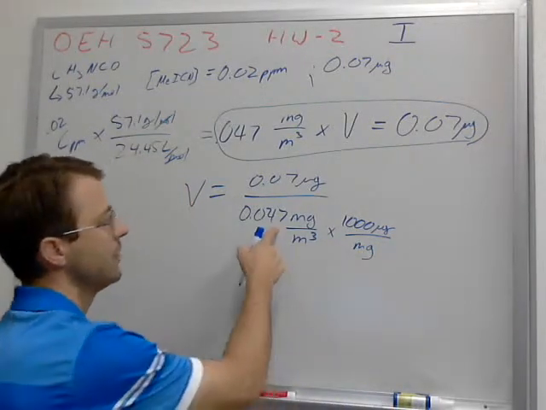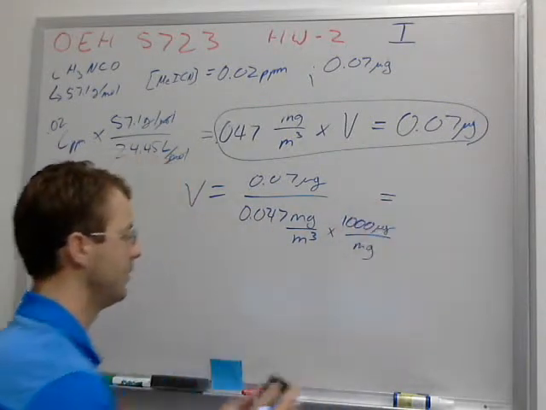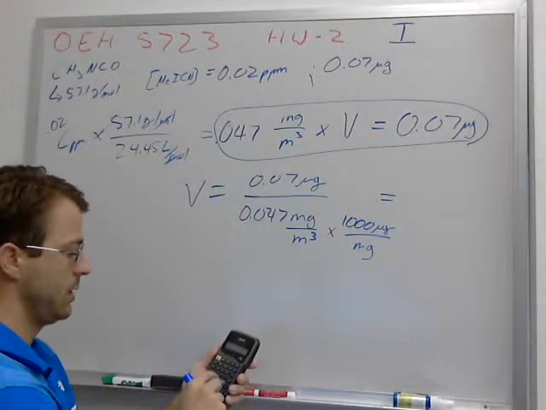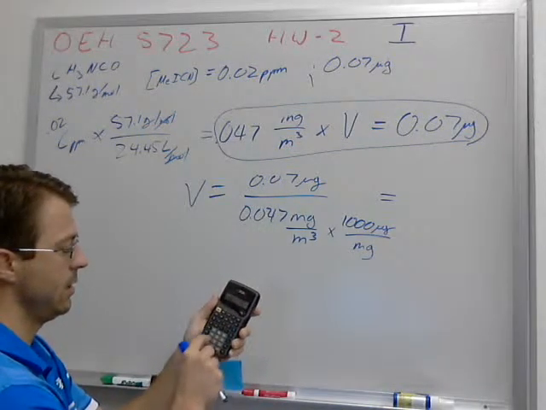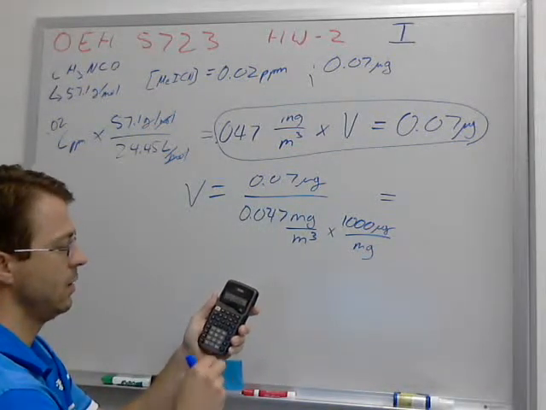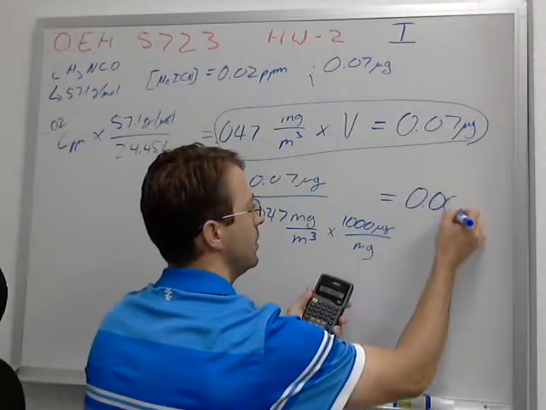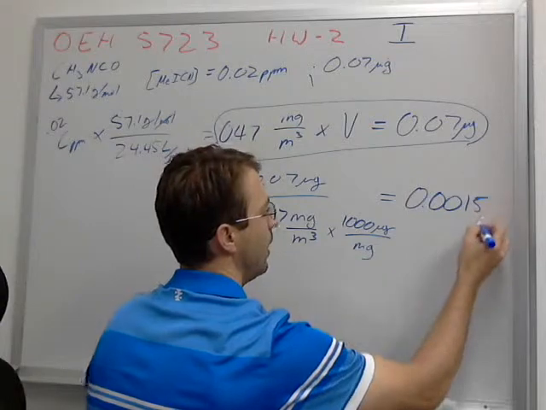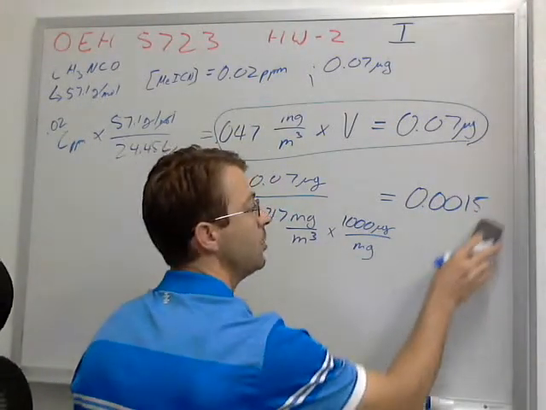Okay, so effectively that's 47 micrograms. And what does this come out to? 0.07 divided by 0.047 divided by another 1,000. So this equals 0.0015 cubic meters.